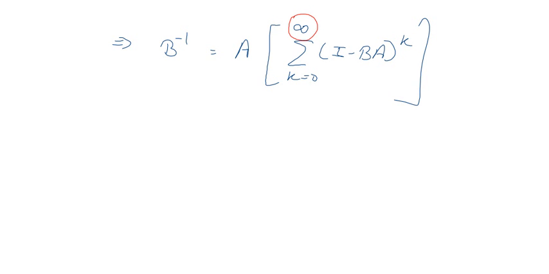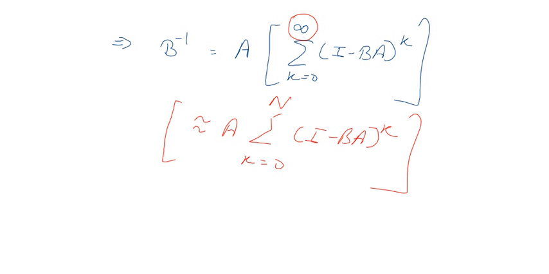So you are going to approximate the inverse by A times summation k equals 0 to capital N of I minus BA to the power k. You have to choose n sufficiently large so that it will give you a good approximation of A inverse.